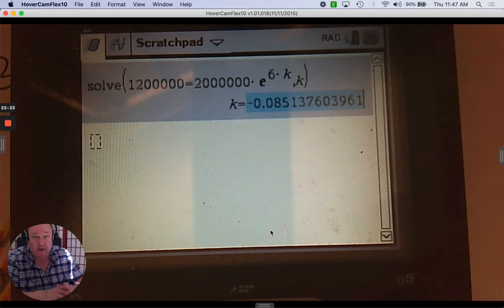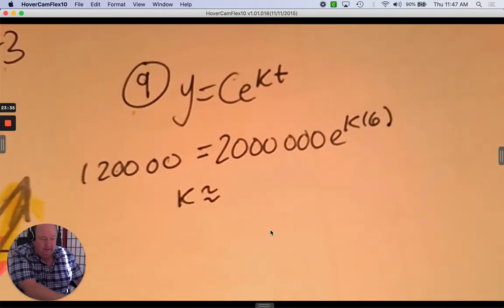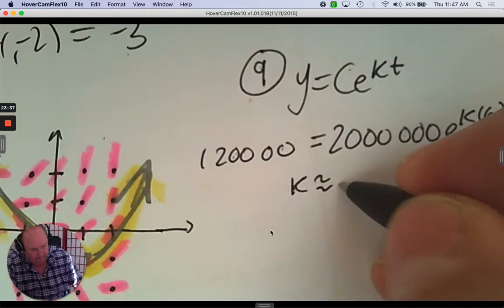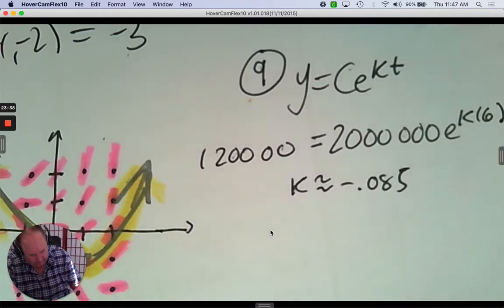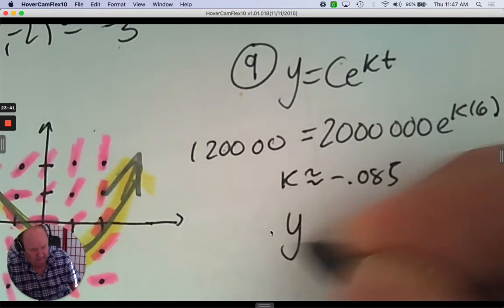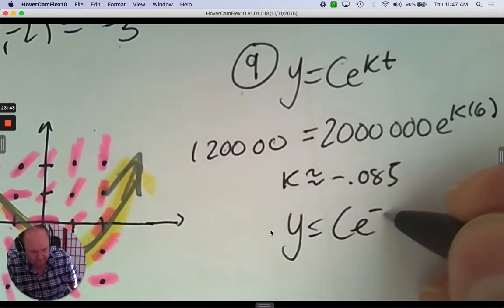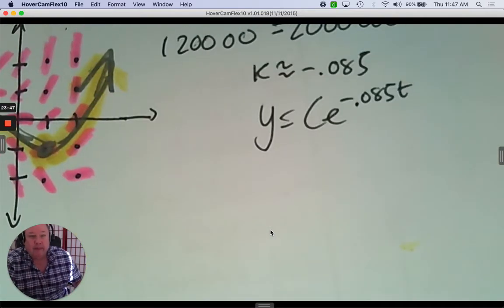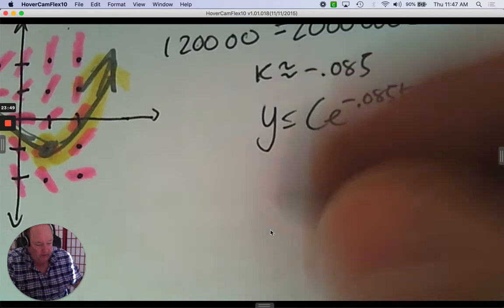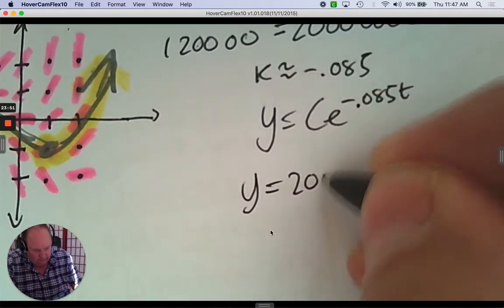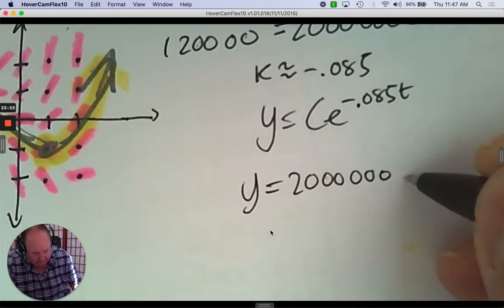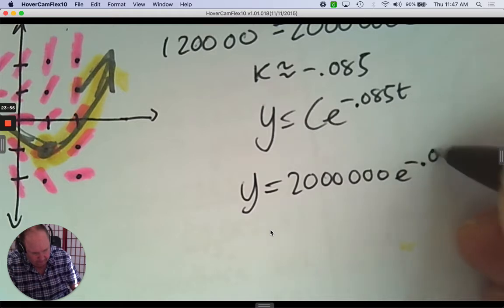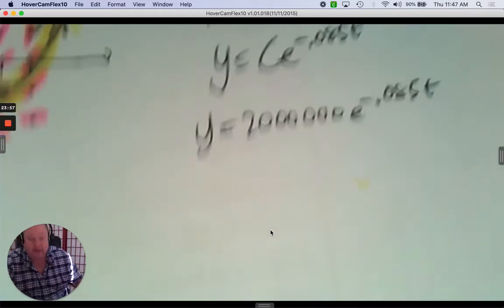I'm going to go negative 0.085 here. Then I have the equation. Oh, and I know what C is. Sorry. So it's 2 million. All right, so that's what we have.